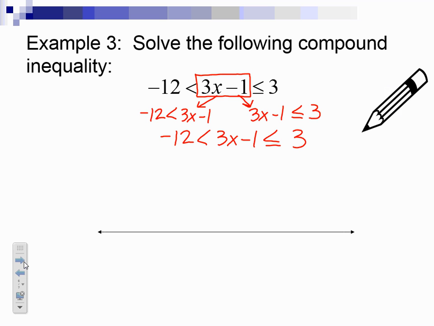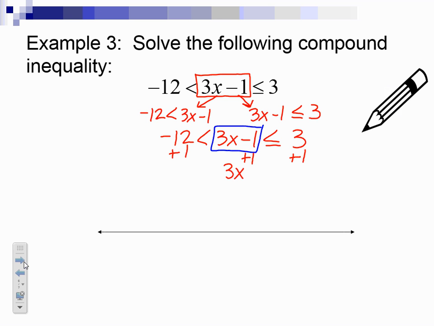So in this case, if I want to keep them together, I'll focus my attention on that algebra expression there in the middle, and I'm going to try to isolate that x just like I would any other time. I'm going to add 1 to eliminate that negative 1 right there, but I need to remember to add it on both halves of that inequality, because it's really representing two separate inequalities.